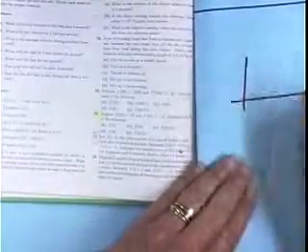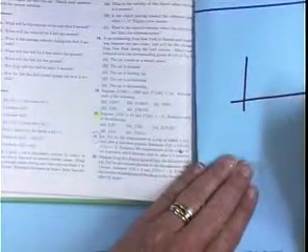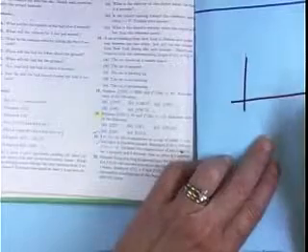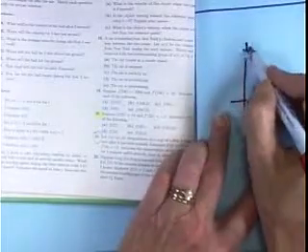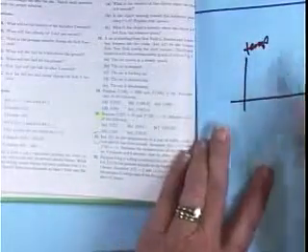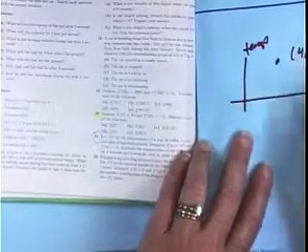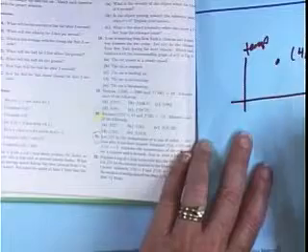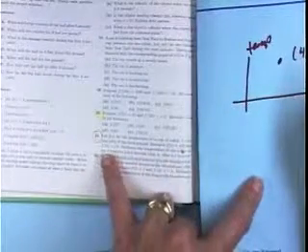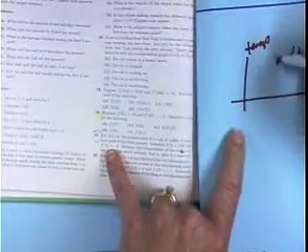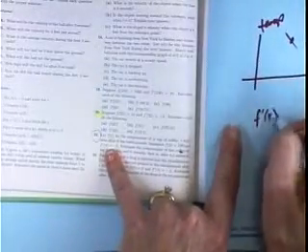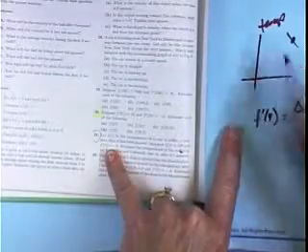Remember when we sketched a graph, t is in minutes, and this is temperature. We started out with the point (4, 120). At 4 minutes, the temperature was 120. The derivative at 4 is -5. Remember, the derivative means change in what?